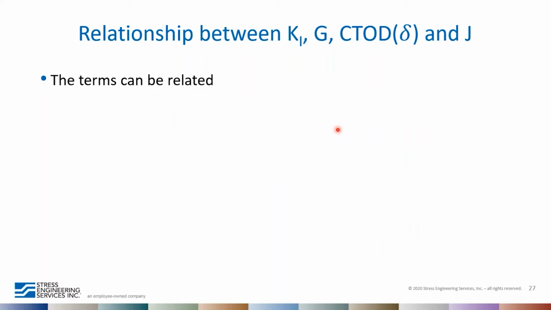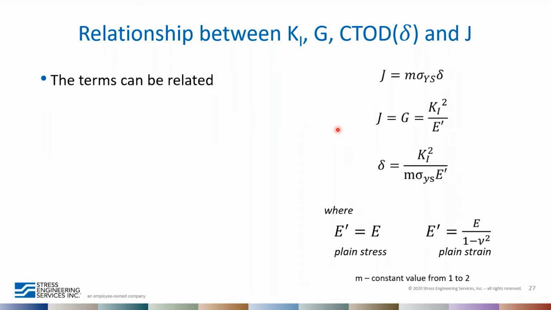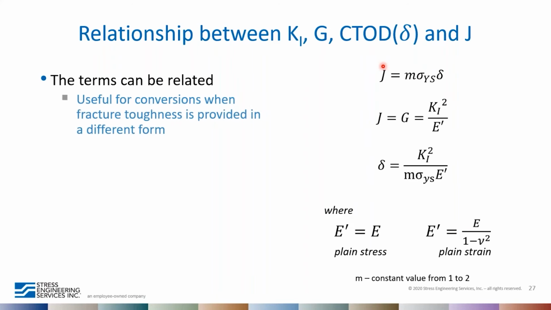Okay, so these terms are all measures of toughness, and they can be related to each other. So in the elastic plastic regime, we have a relationship between the J and the CTOD. And then we can also relate the J to the G as well as the K in a linear elastic regime.